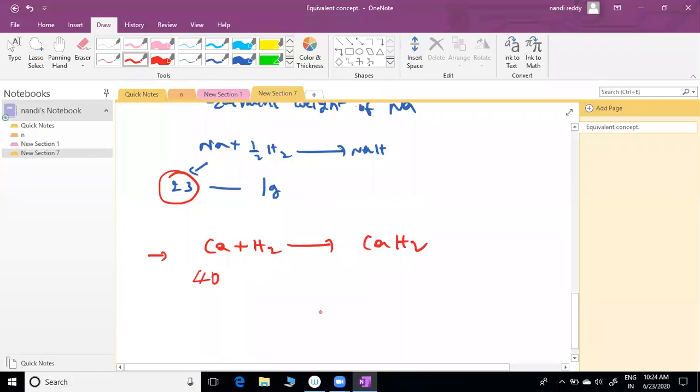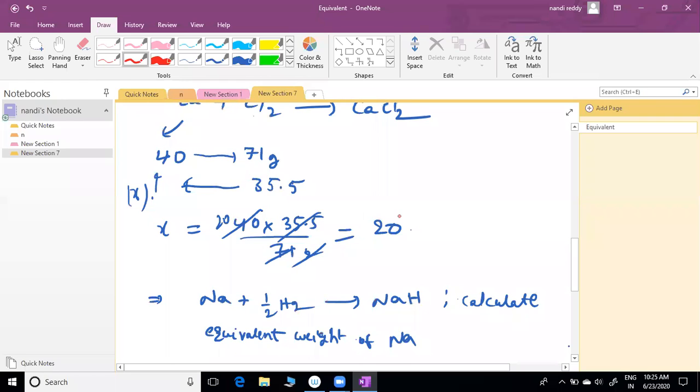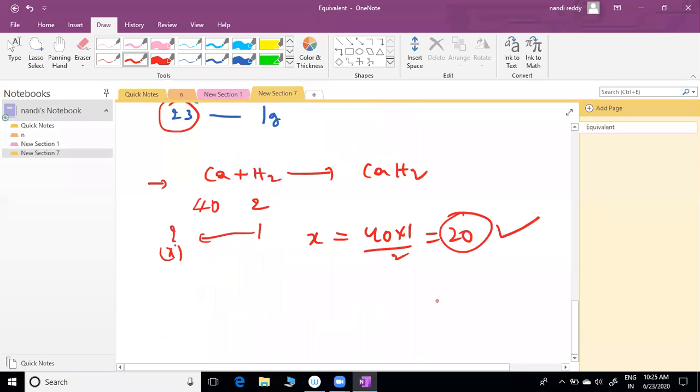So x equals 40 into 1 by 2, which is 20. So with respect to chlorine, 20 is the equivalent weight, and with respect to hydrogen also 20. You can use any definition and you get the same. Understood? Any doubt here?